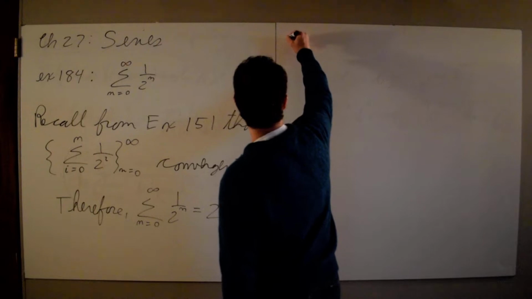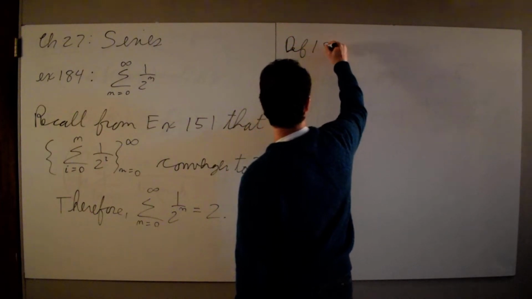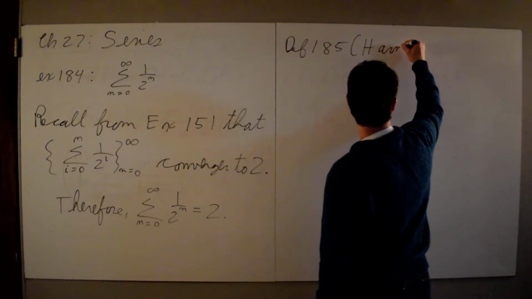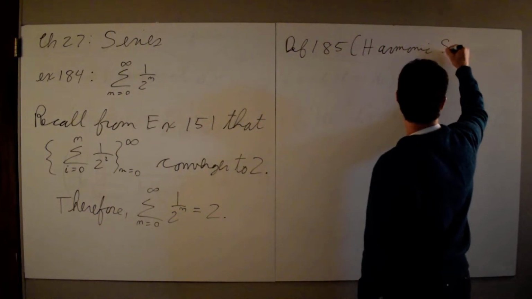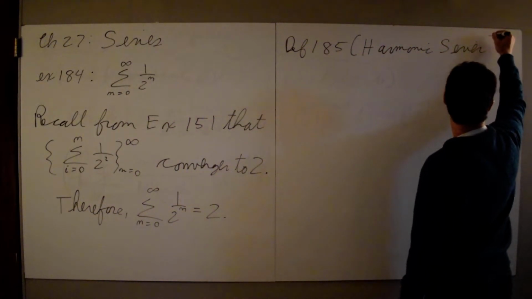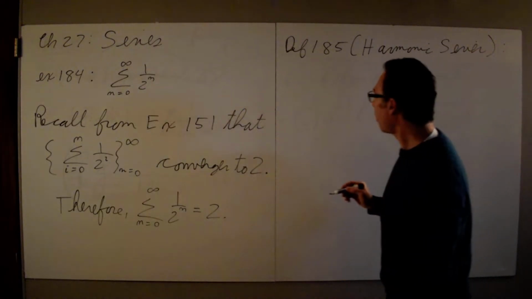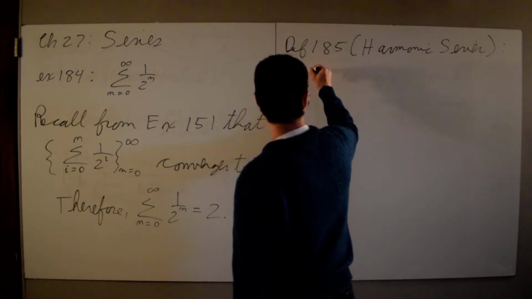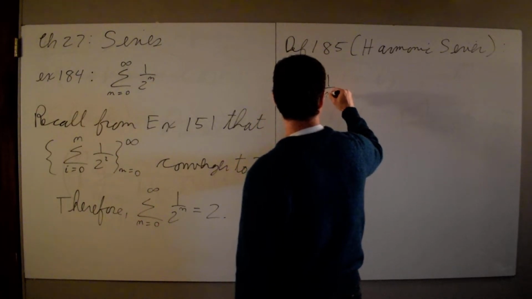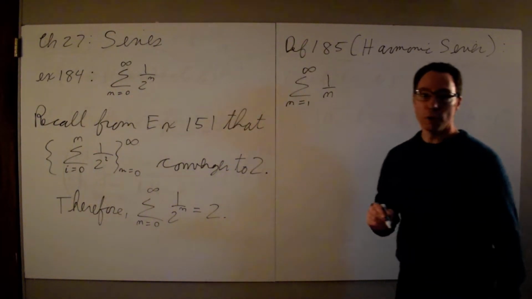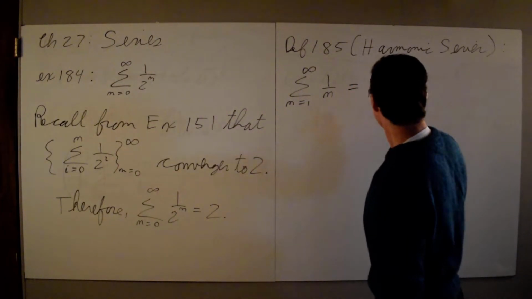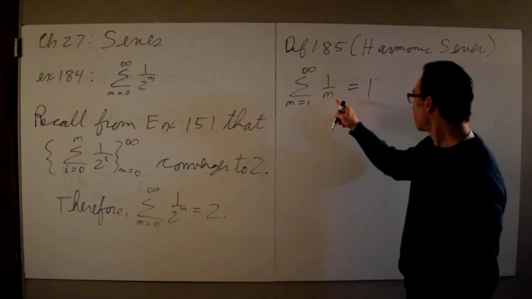Definition 185. The harmonic series. The harmonic series is the series n equals 1 to infinity of 1 over n. So the first partial sum is 1.